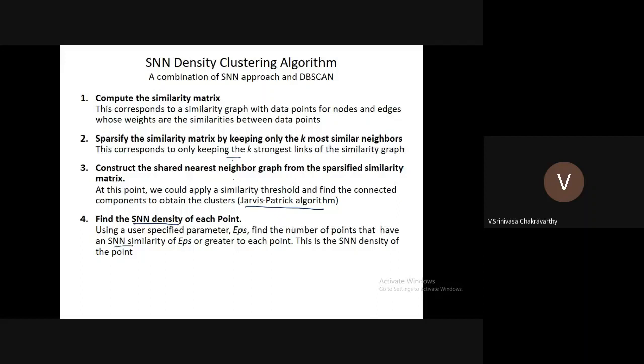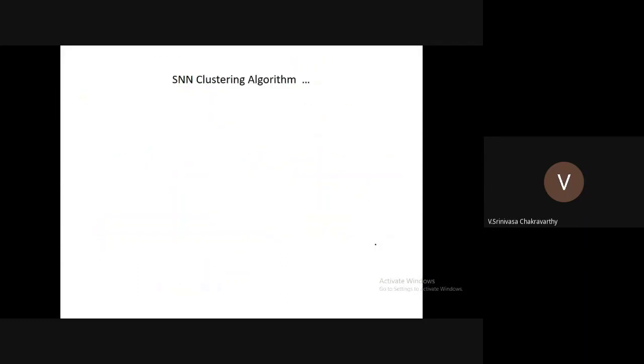SNN similarity is basically the edge strength. So you just look at all the neighbors and count the number of neighbors with whom you have edge strength greater than or equal to epsilon. That number is considered the SNN density of the point, which is fair enough.